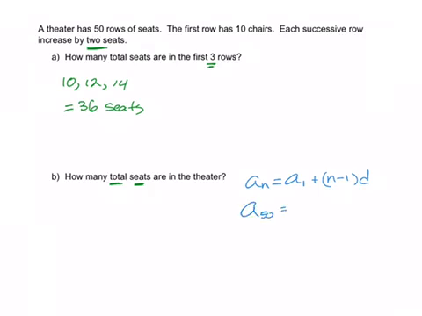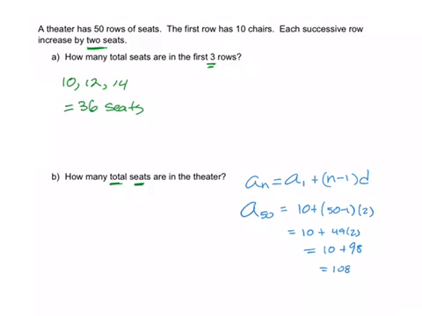A sub 1 is 10 plus, it's going up by 2. Sorry, no, that 2 doesn't go right there. So n is 50 minus 1 times 2. So that means 10 plus 49 times 2. So 10 plus 98. So that means that on the 50th row, we have 108 seats, right?